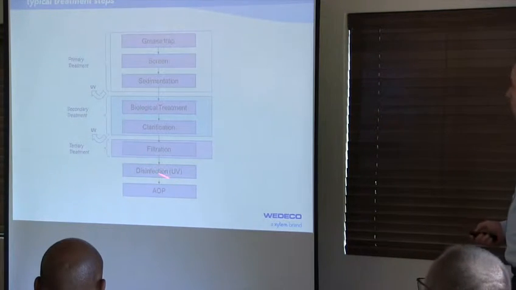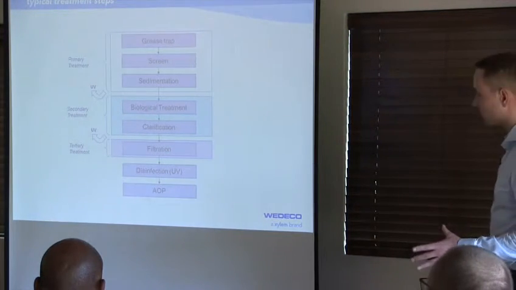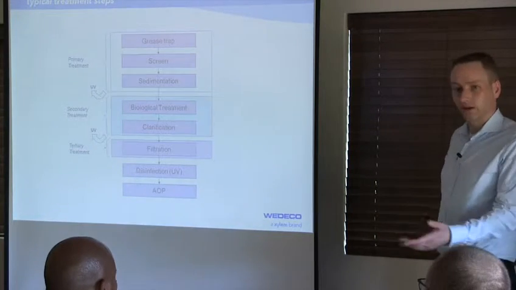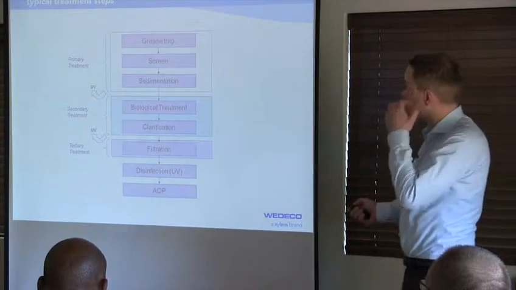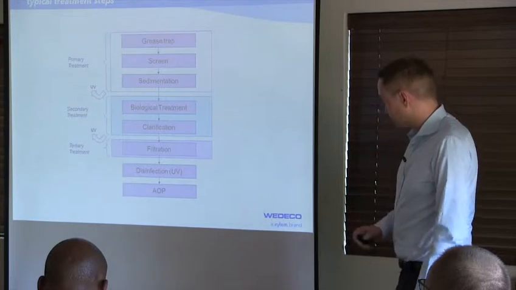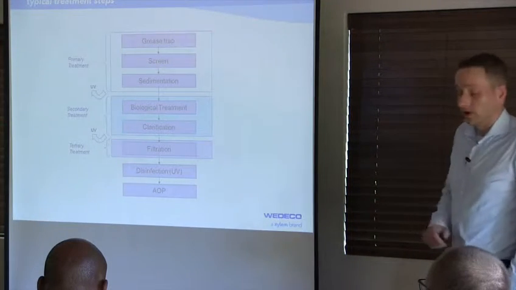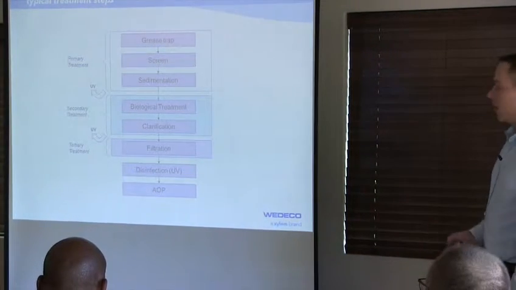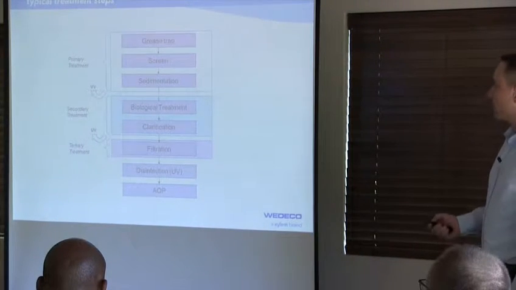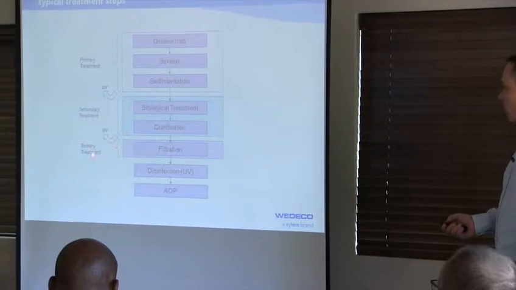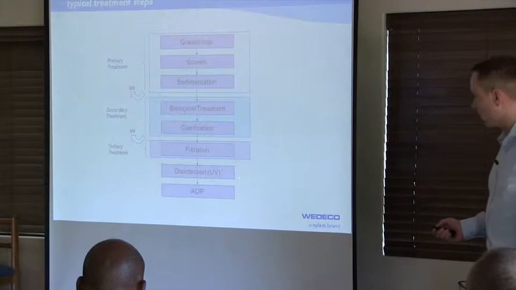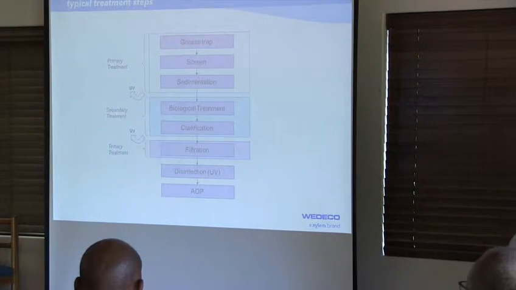Most of our systems for wastewater are sold into secondary treatment plants, where you have the UV after the clarifier and then go for a discharge. If you put in filtration and go for a tertiary system, then you normally have disinfection with UV.